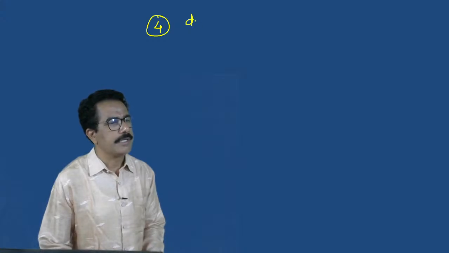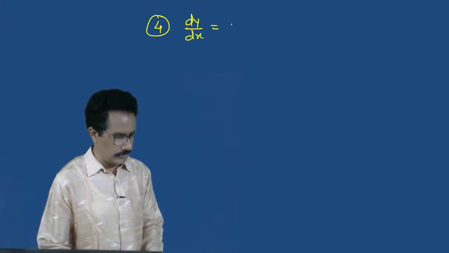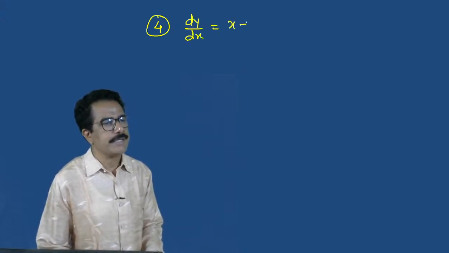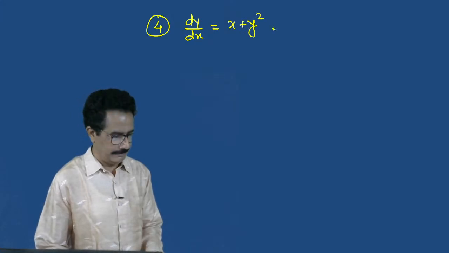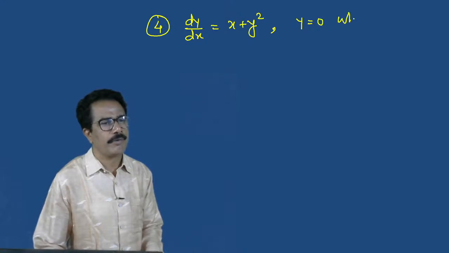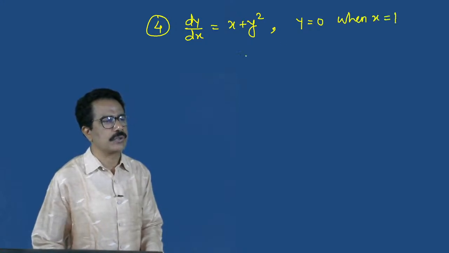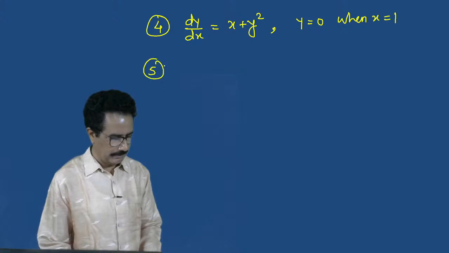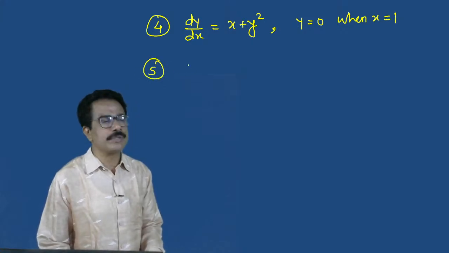Fourth problem, dy by dx equals x plus y square, when y is equal to 0, when x is equal to 1. Same, we have to use the Picard method.